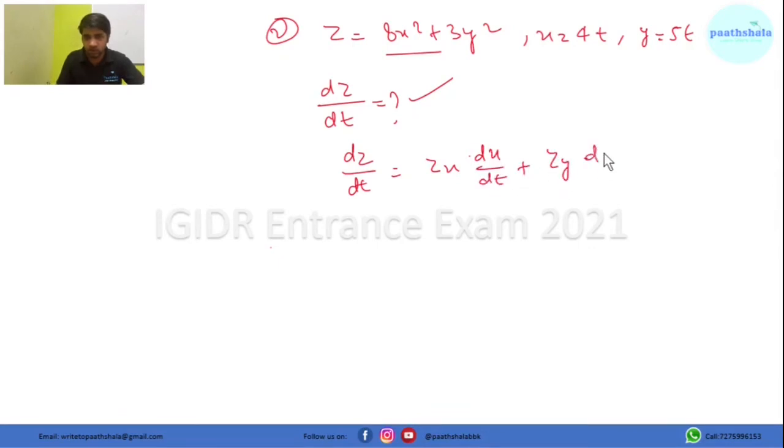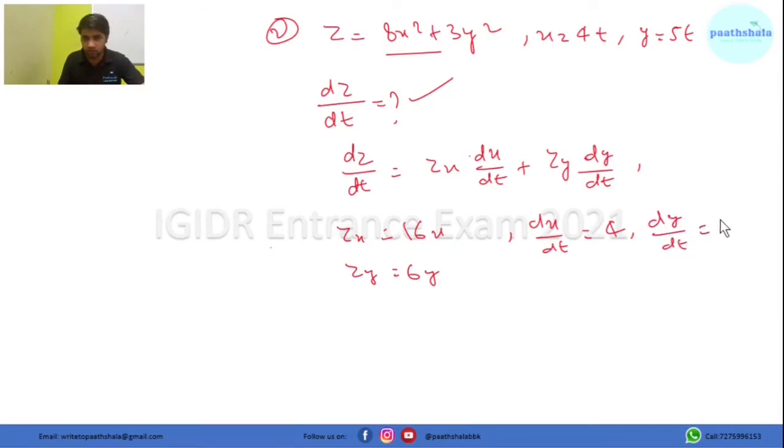We have to find all these values. First let's begin with zx. zx will be 16x, and zy will be equals to 6y, because dx by dt equals 4 and dy by dt equals 5.